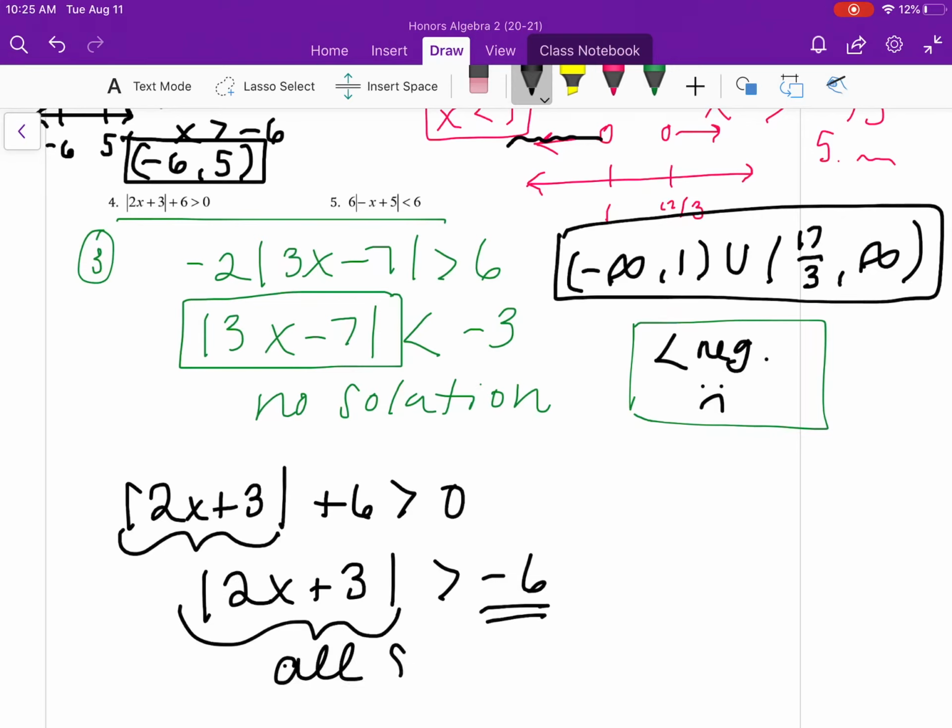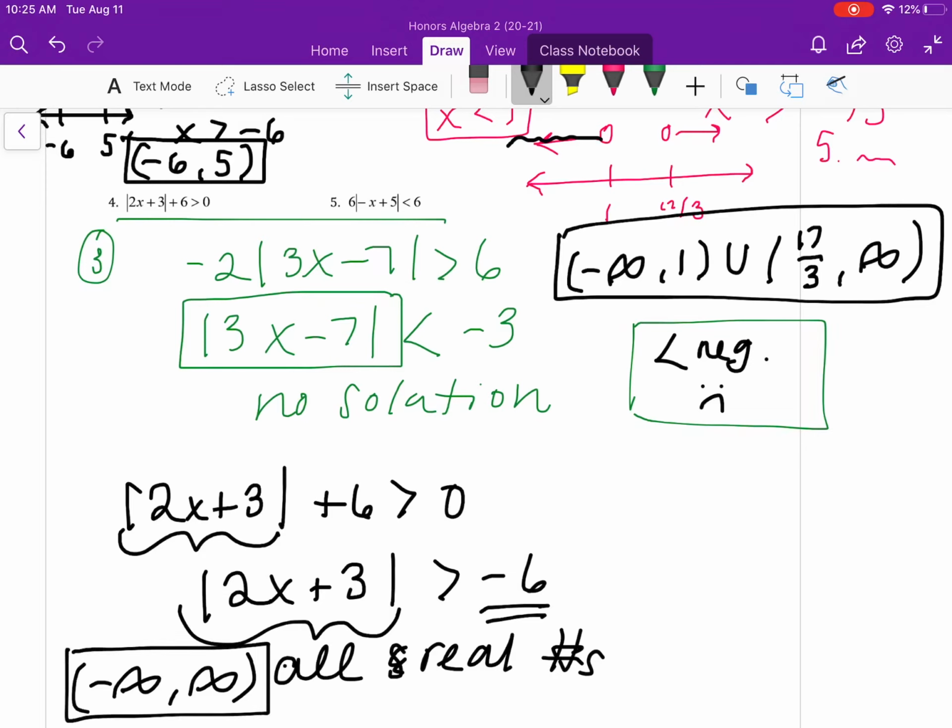So this is going to say all real numbers, right? The way that we write that in interval notation is to go from negative infinity all the way to infinity. So you can see these are our two weird situations. If it's less than a negative number, you'll have no solutions. But if it's greater than a negative number, you'll have infinitely many solutions, right?